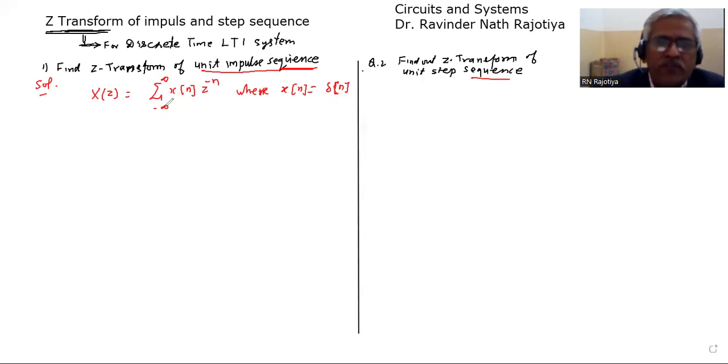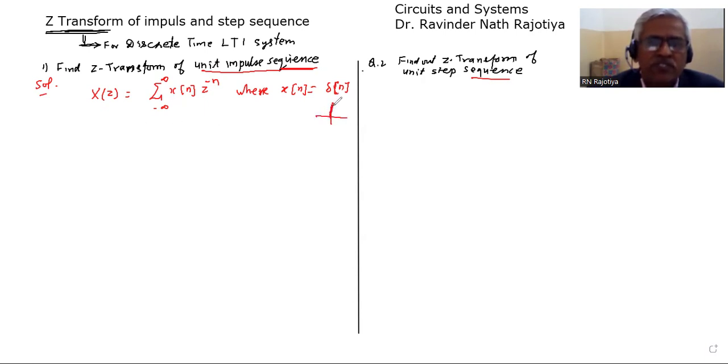The unit impulse sequence has a value 1 at n equal to 0. Elsewhere, the values are equal to 0. This is how the signal is represented.